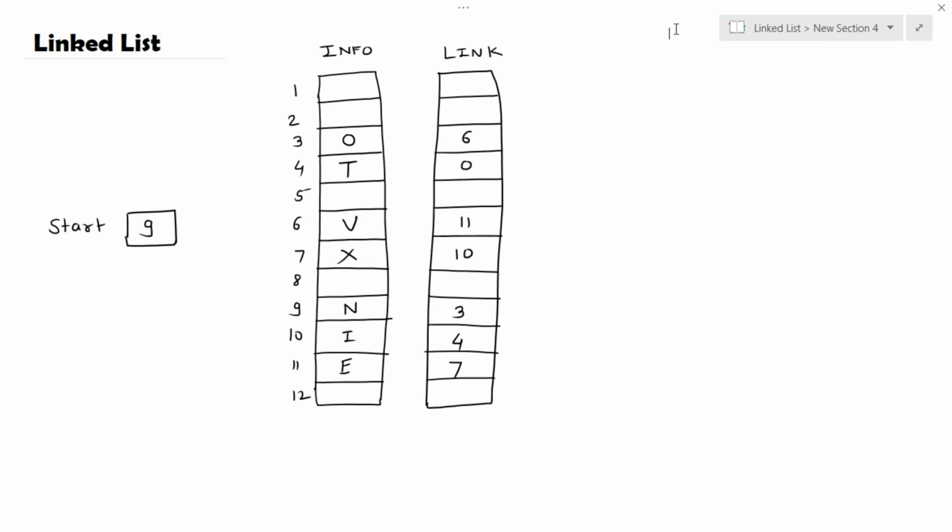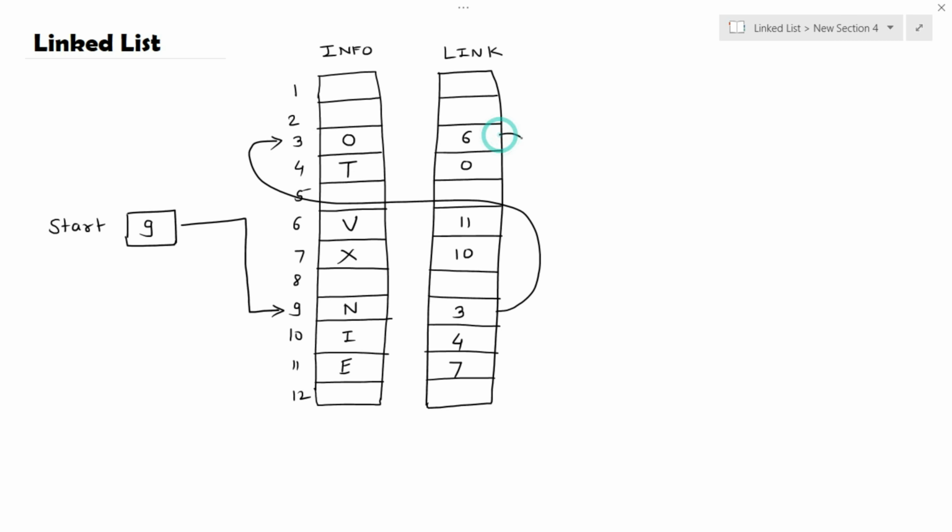So the starting node is 9, so we go to 9, and here is N. Now N has next 3, which means it is connected to the third node. So from this we go to the third node, and the third node has data O, and it links to the sixth node of the list.